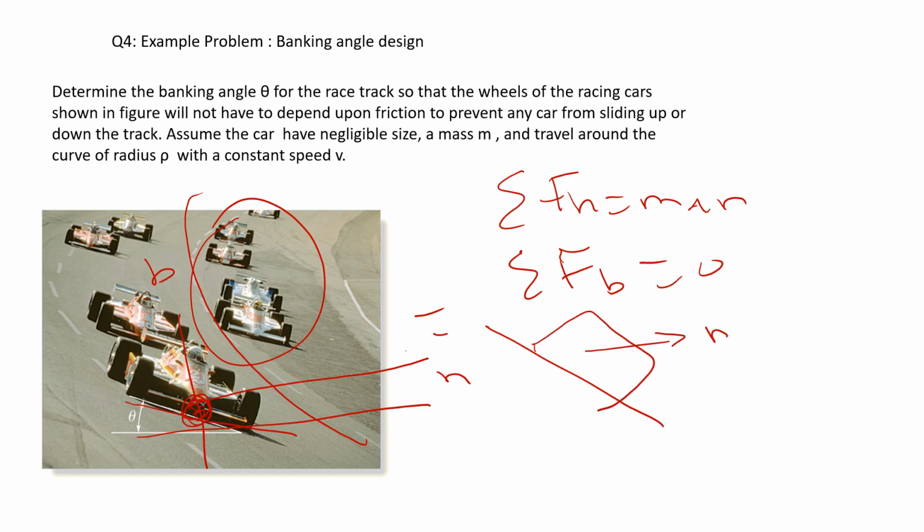This is m an, and there is no acceleration in the binormal direction, so this should be 0. Then equate, breaking the components of forces in the normal and binormal directions. It's hard to break the components in the tangential direction, that's why we do it in the normal and binormal directions. So this type of problem could be asked here.